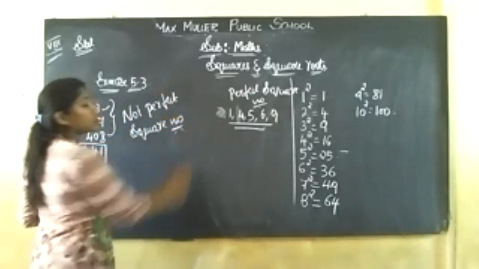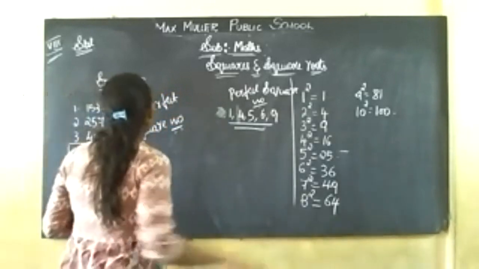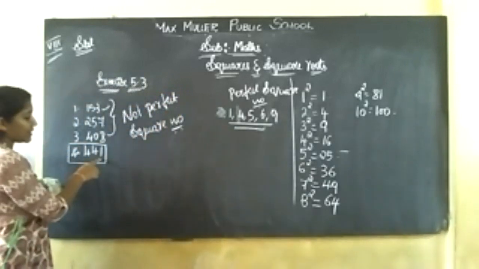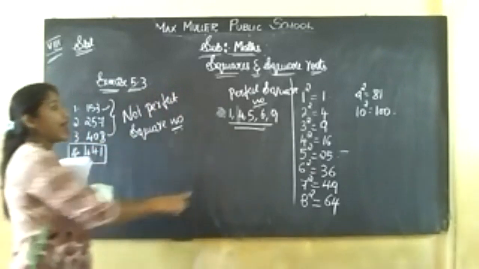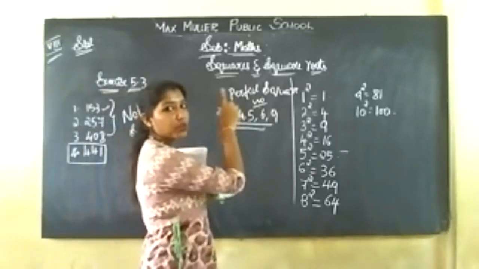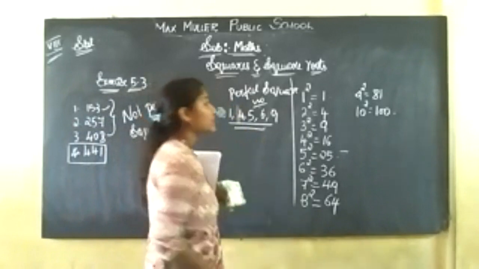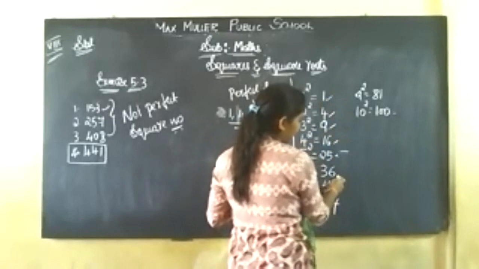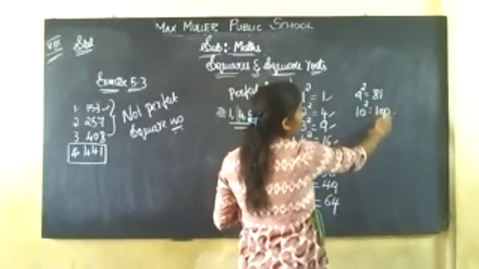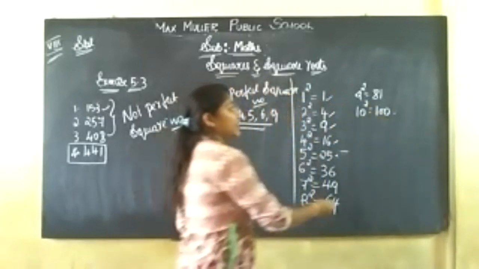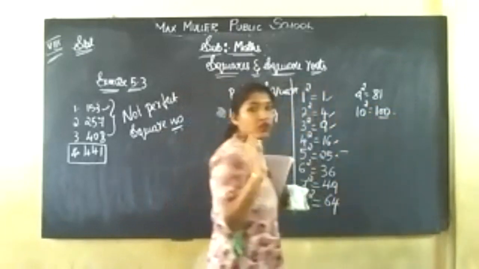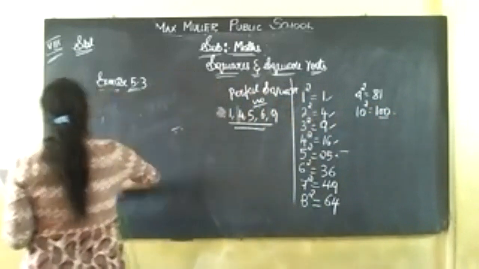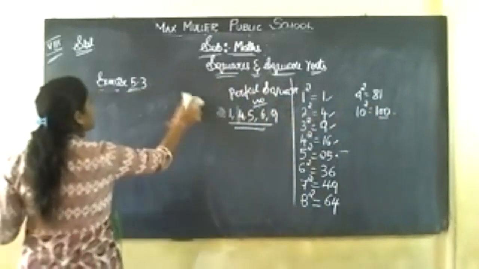Hope all understood, students. All these three are not perfect squares except the fourth number, because here the last digit is 1. The digits repeat like 1, 4, 9, 6, 5, 6, 9, 4, 1. And it has to be two zeros, not a single zero, if it is a perfect square. Hope all understood the second question.